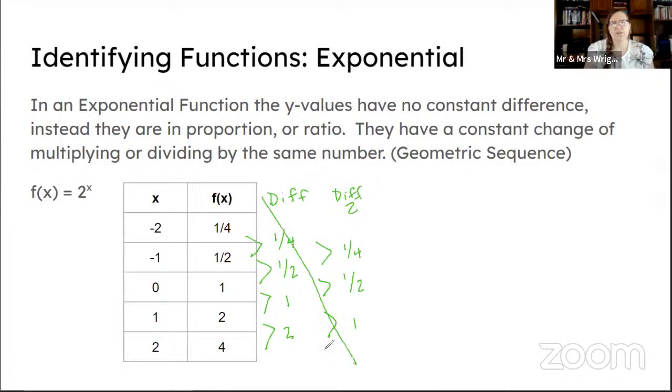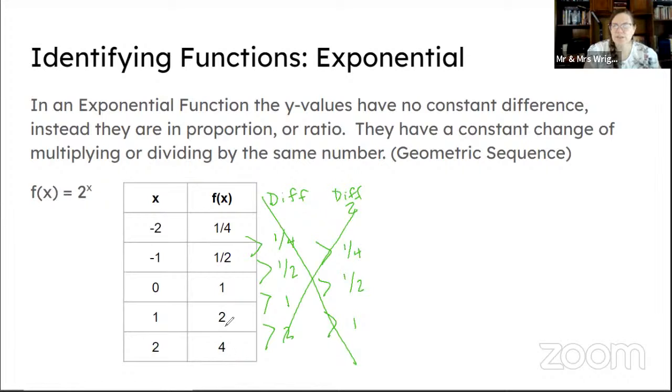So with those two out of the way, I can begin to look at this possibly as a geometric sequence. That means that if our y values are changing by a ratio or a proportion, so by multiplying or dividing by the same number. So I'm just going to look at this going downwards. 4 to 2, what did you do?